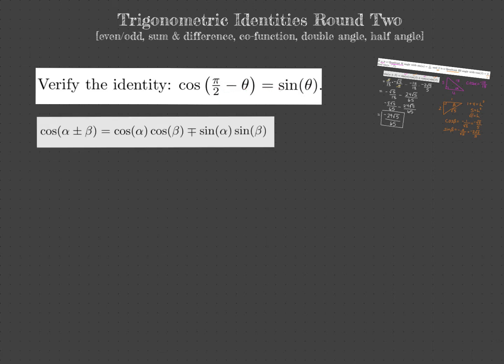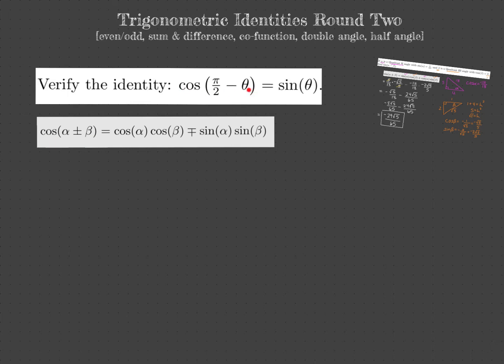So here I brought what our cosine sum and difference identities are, and if we allow our alpha to be pi over 2 and our beta is theta, it's a little bit strange, we can actually rewrite this using the cosine of alpha minus beta, or the difference identity for cosine.